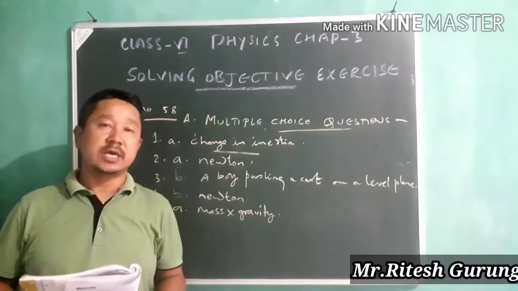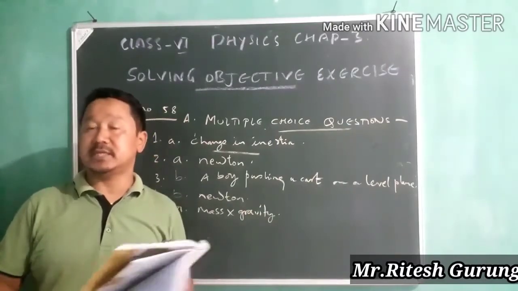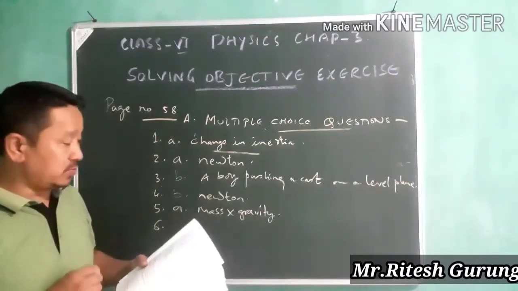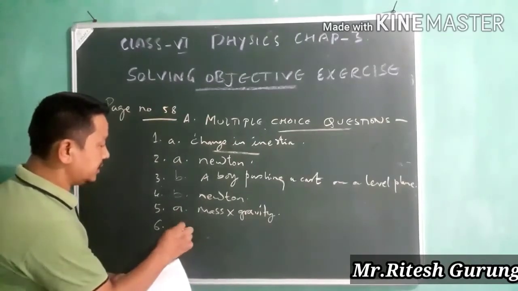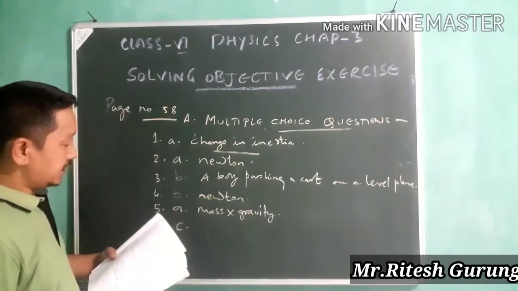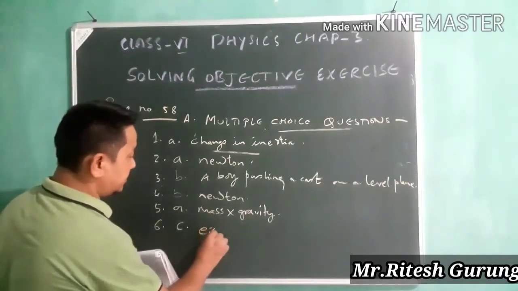In some cases we need friction, in some cases we don't need friction. That means it has both advantages and disadvantages. So from that point of view, the correct option is option C, either advantages or disadvantages.